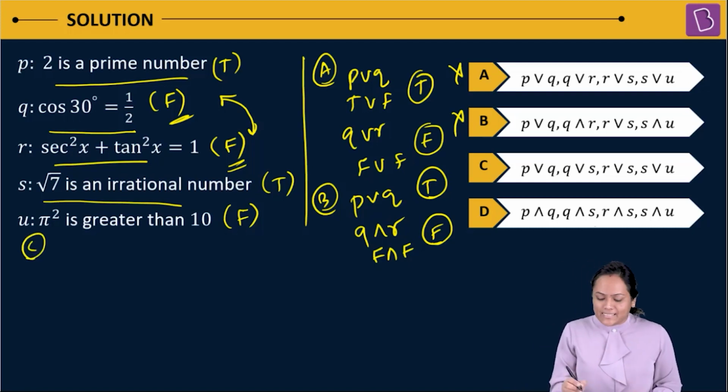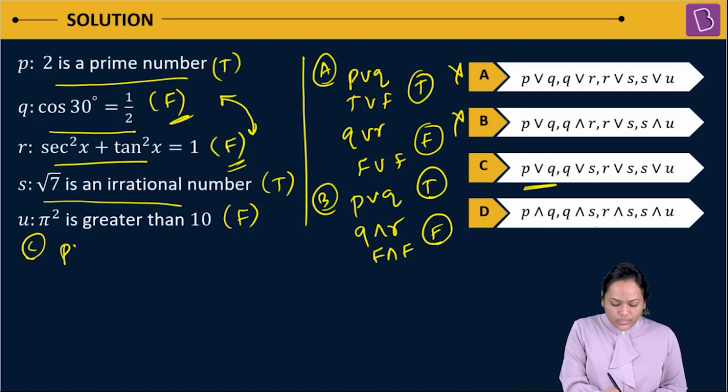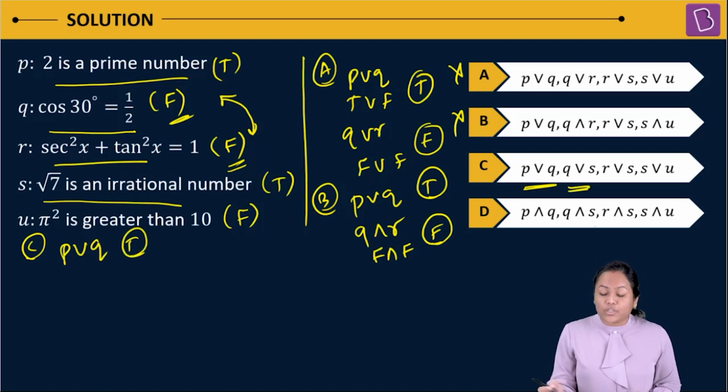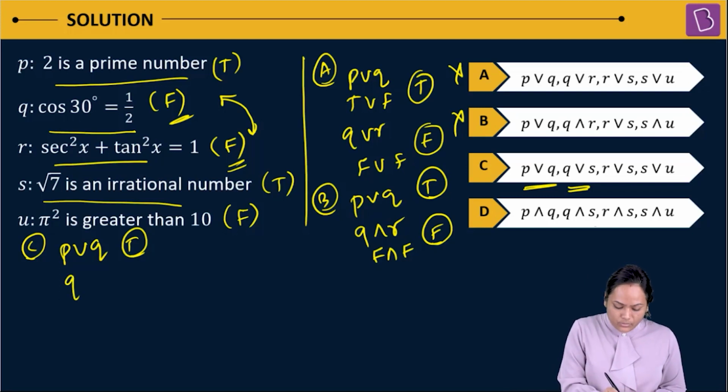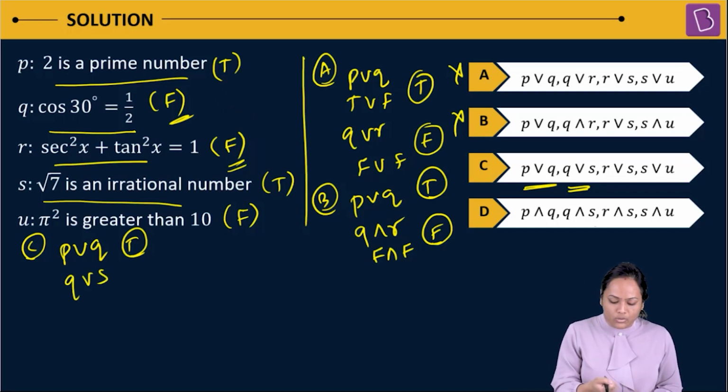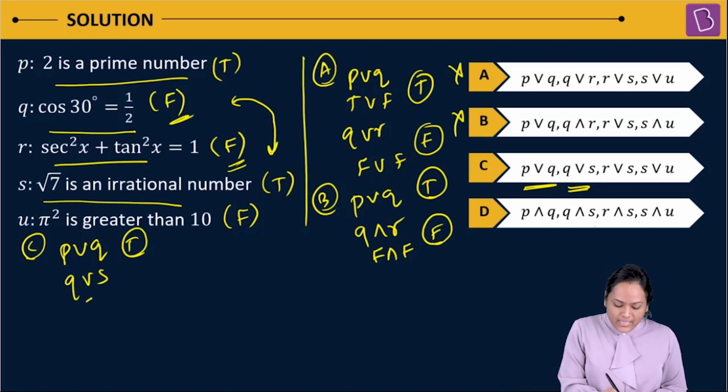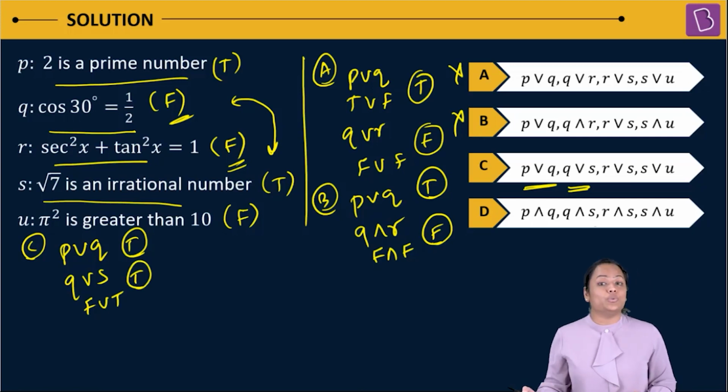Okay, coming on to the C one. So C is saying again P or Q, which we have just seen that it will be true. Then we have Q or S. So coming to Q is false, S is true. We can say that false or true definitely is going to become true.